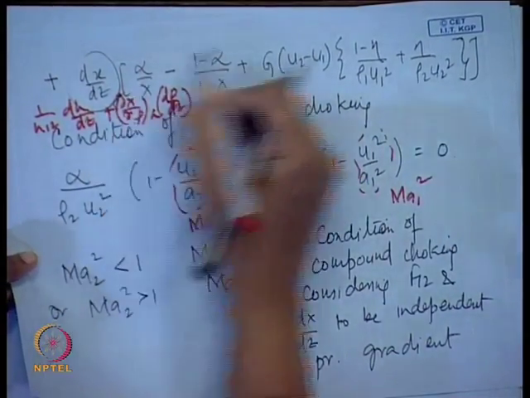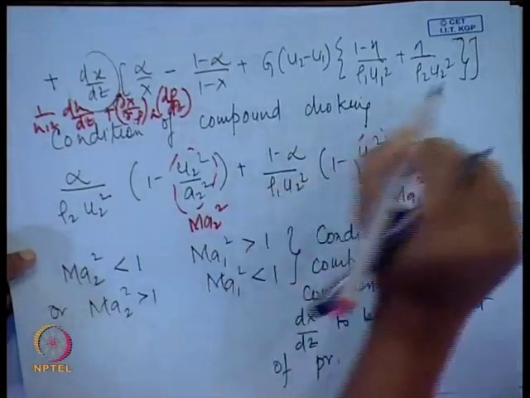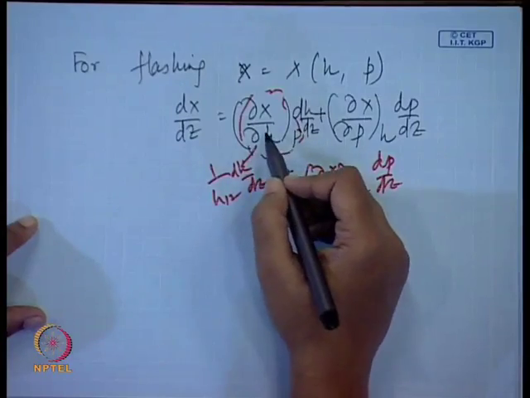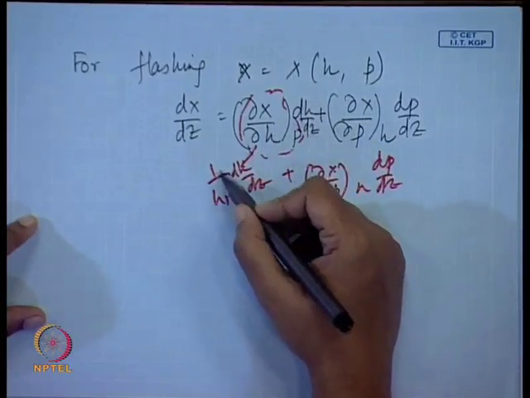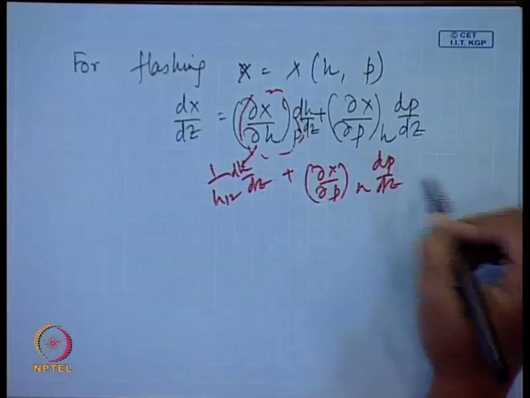So, for flashing what happens? This term will be attached with dp dz, and that entire thing will come out as the condition of flashing. Do you understand? So, therefore, for flashing we are going to introduce two terms, one is 1 by h12 dh dz, the other is del x del p at constant h dp dz.